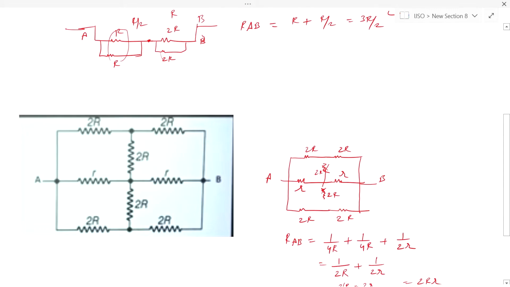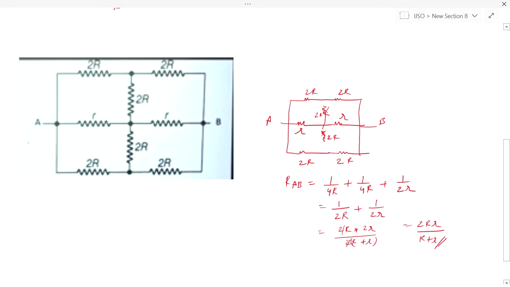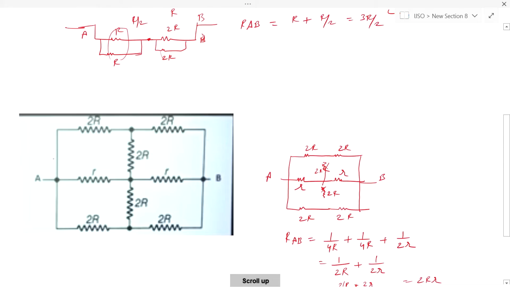This by folding axis of symmetry. This question, just copy the points down.